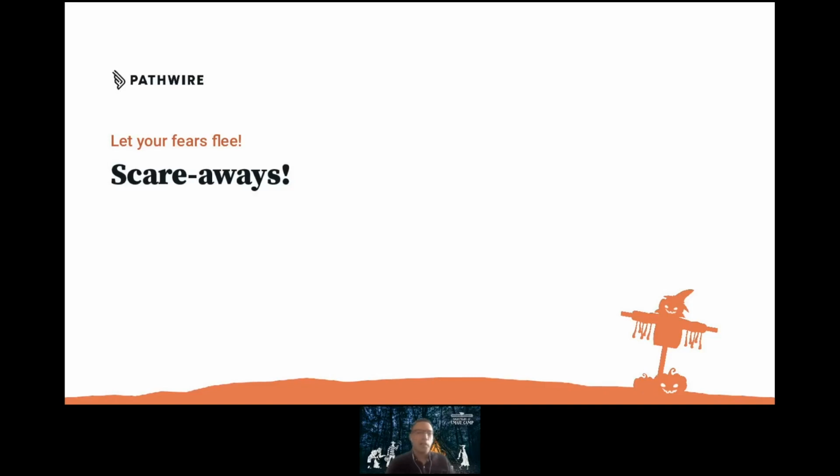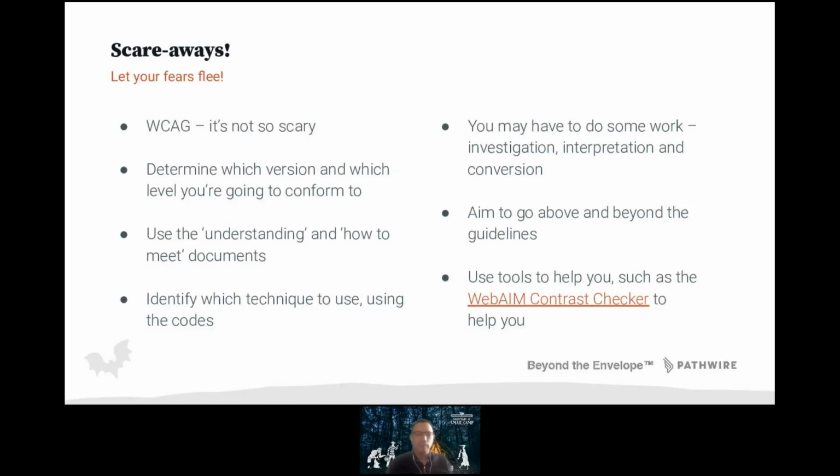And finally, let me leave you with some scareaways. WCAG, it's not so scary, really, but you do have to determine which version and which level you're aiming to meet. My recommendation would be WCAG 2.1 AA. Use the understanding and how to meet documents to get to grips with how to meet the guidelines. Some are straightforward and some are not so much.